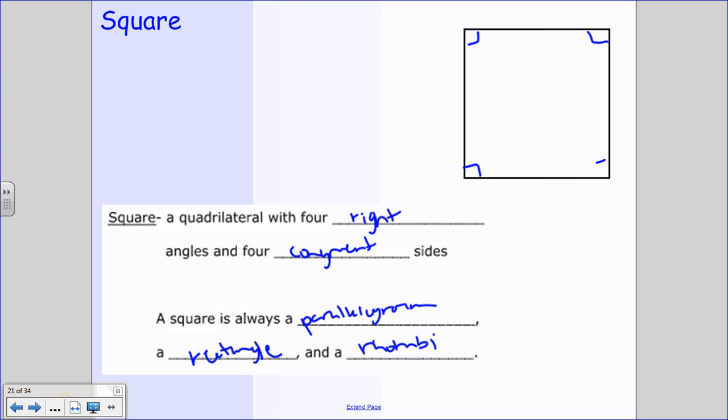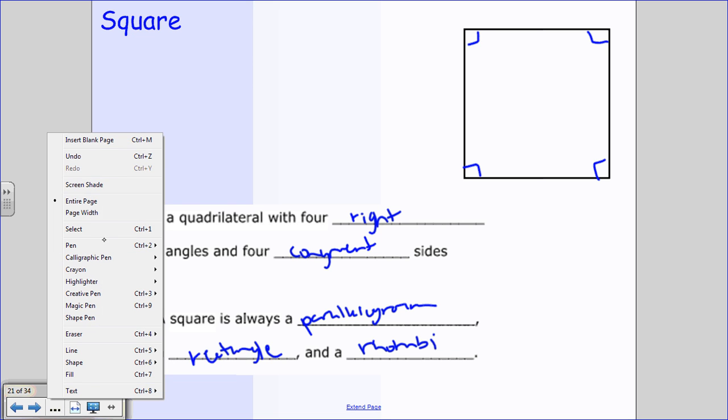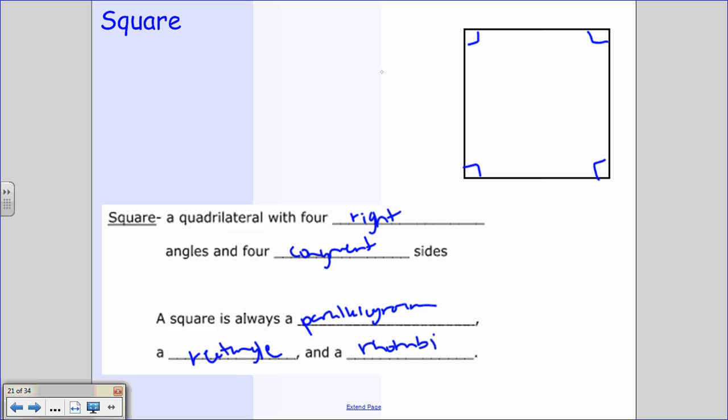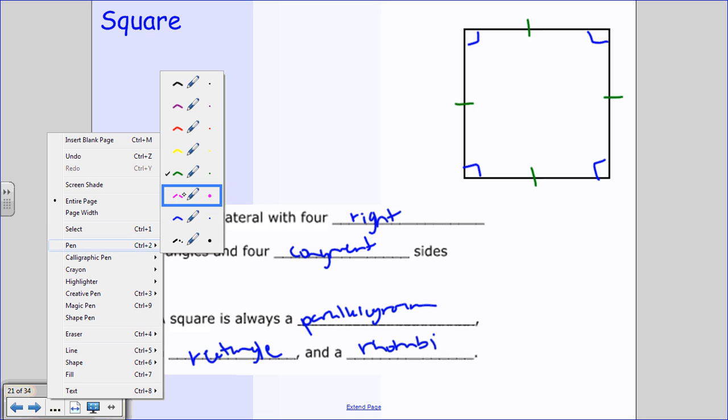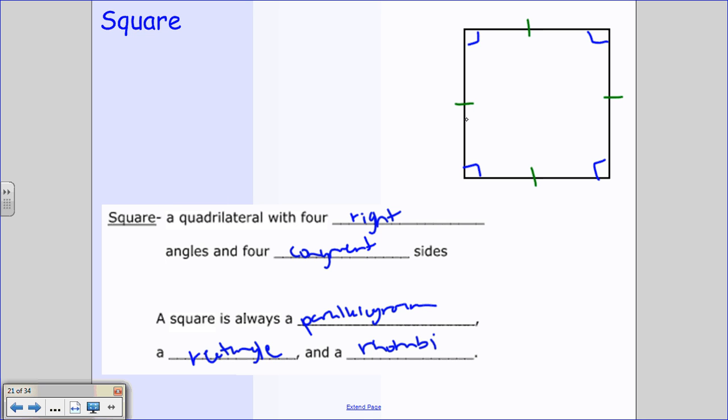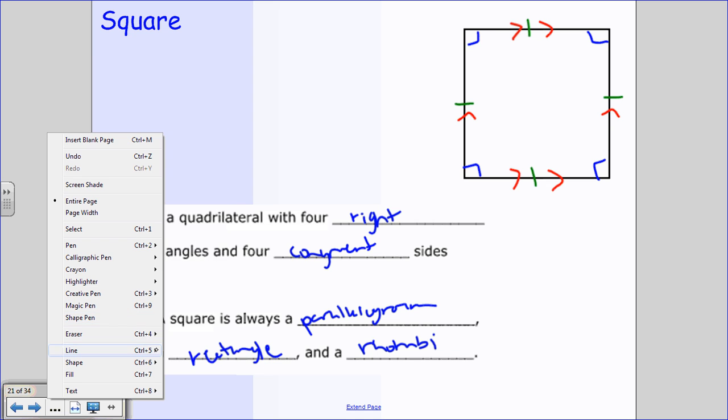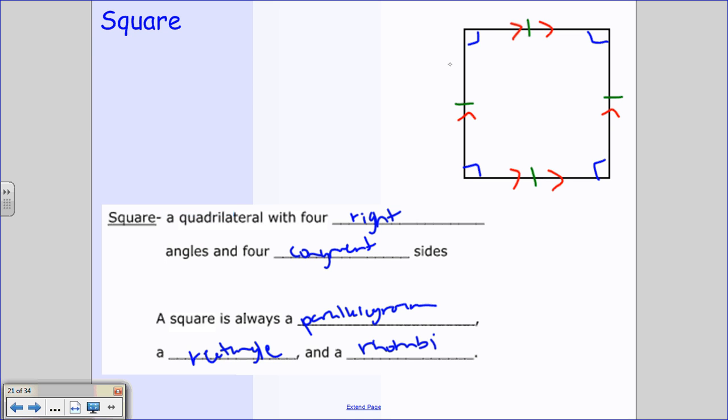So you have your four right angles, you have your opposite sides parallel and congruent, so these are all congruent, and they're all parallel. These diagonals are angle bisectors and perpendicular.